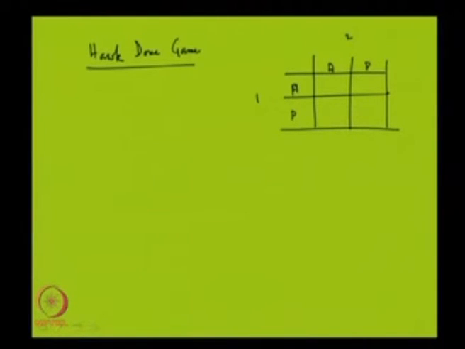If both of them are aggressive, they get 0 each. If I am aggressive, I get 3 if the other person is passive and the other person gets 1 in that case, and if both of them are passive, they get 2 each.